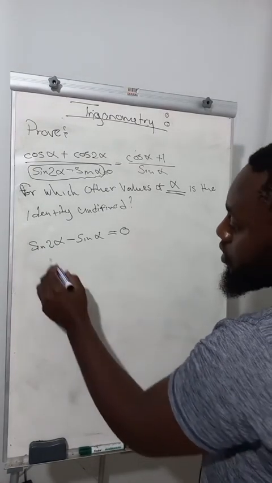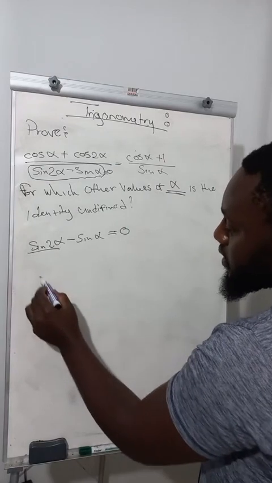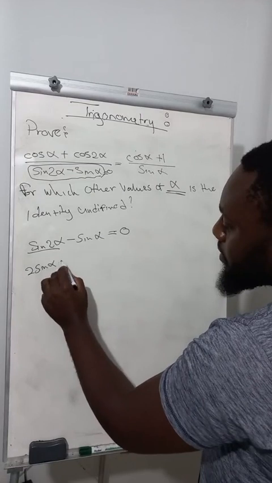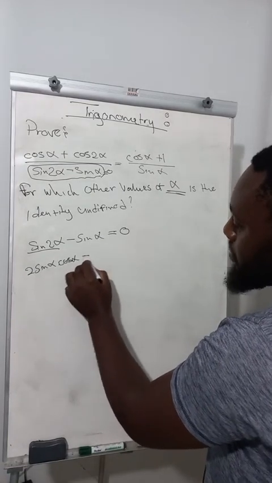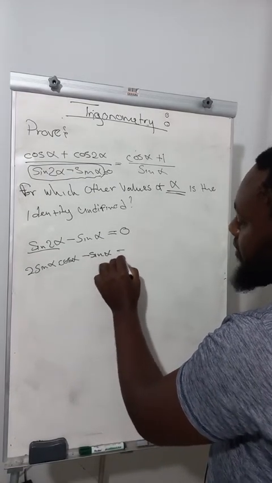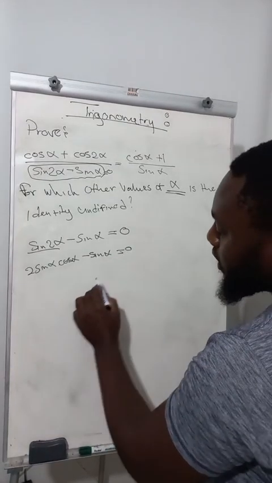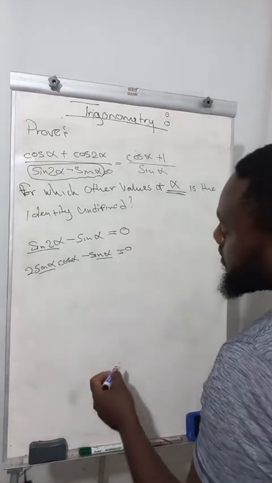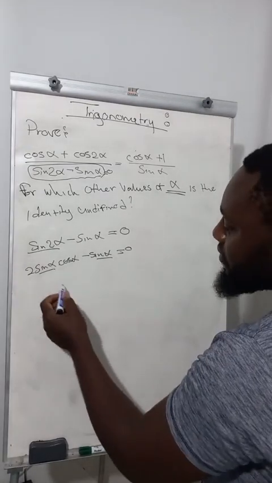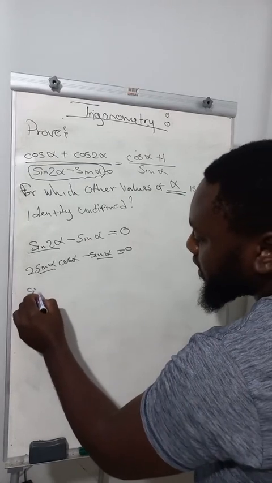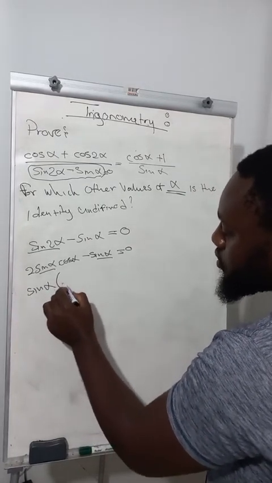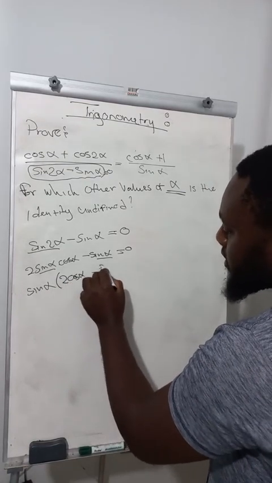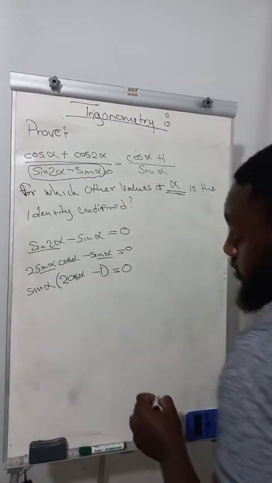Now you have to replace this. Replacing that, you'll have sine 2 alpha multiplied by cos alpha, minus sine alpha equals 0. Then take sine alpha as your common factor. So you'll have sine alpha into 2 cos alpha minus 1, equals 0.